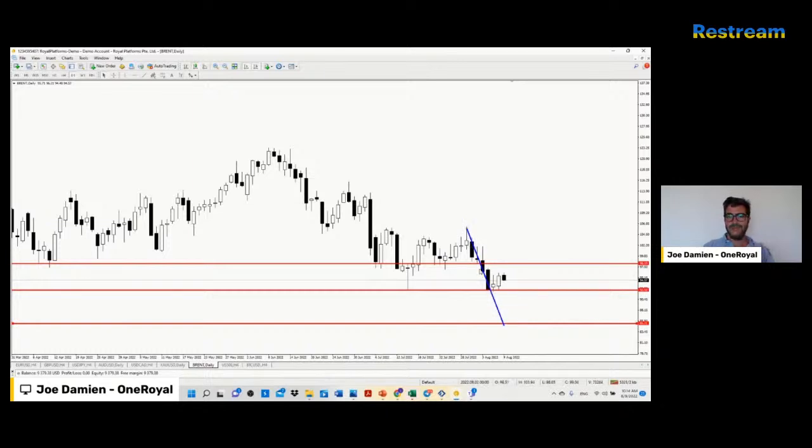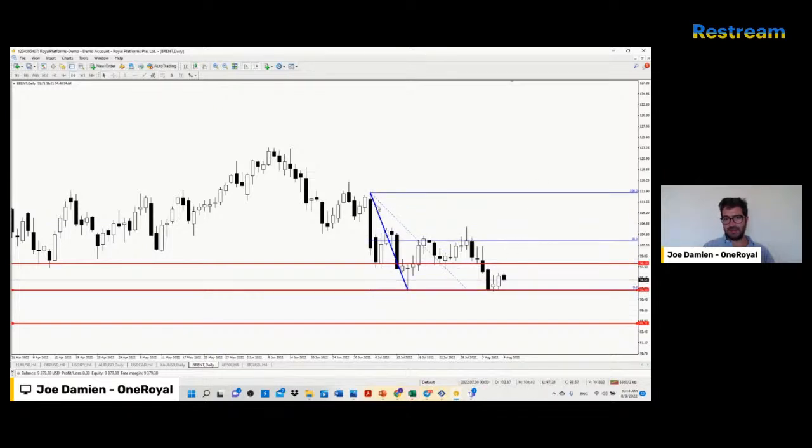I used the ABCD pattern. So this is our first impulsive wave, from this area to this area. We have here a 50% Fibonacci retracement.